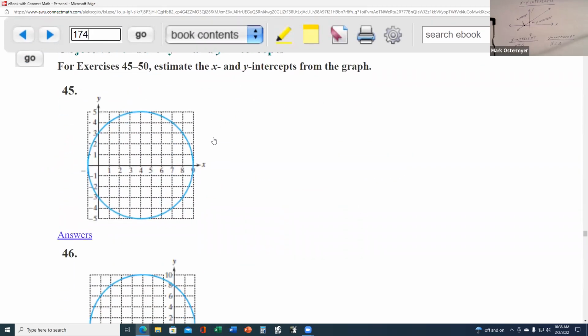All right, they want us to estimate the x and y intercepts from the graph. So problem number 45, can somebody give me the x-intercepts for this circle graph here? Devin, what do you think? What would be the x-intercepts of this graph?